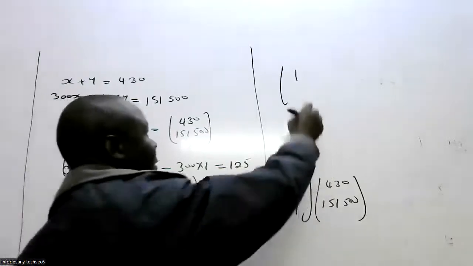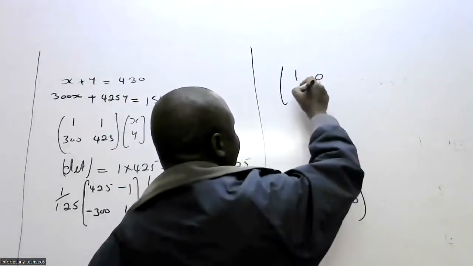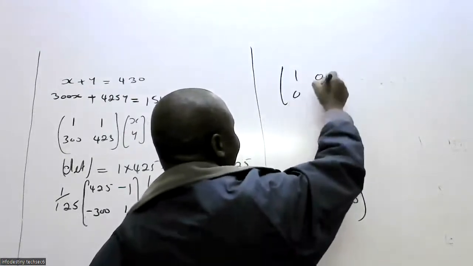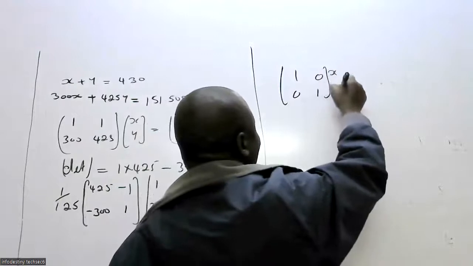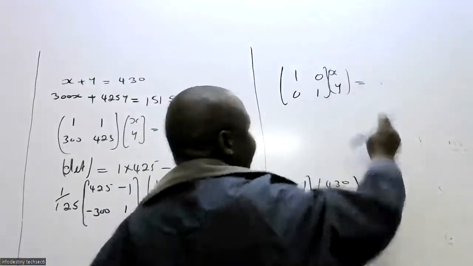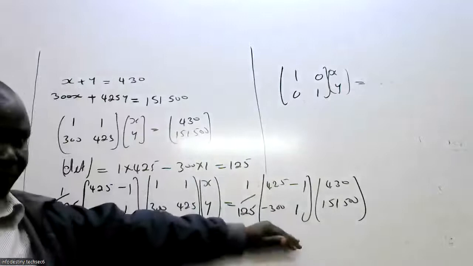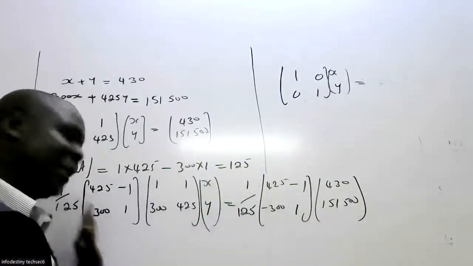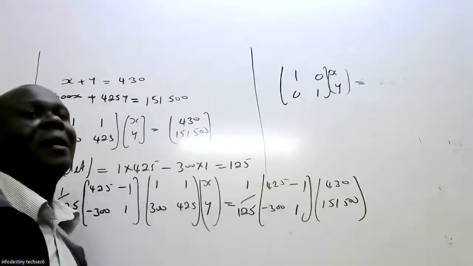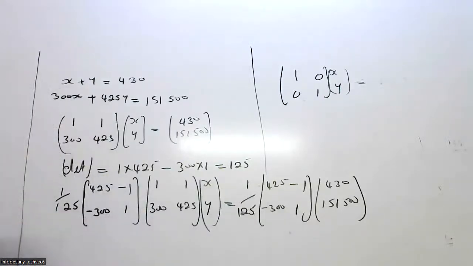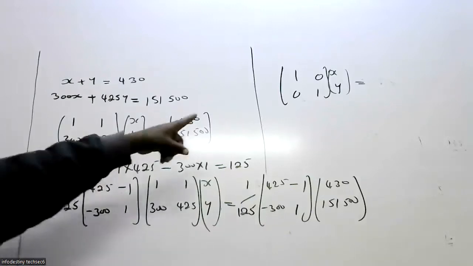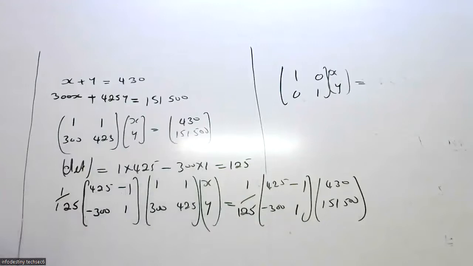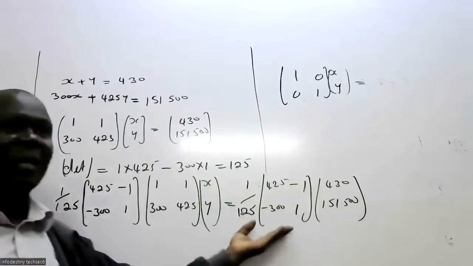So you just come here, you write 0, 0, 1, X, Y. So the important part here is this part. Once you get this right, you know that's going to be, so automatically, there's no need. The only place which you are supposed to work for is this part.